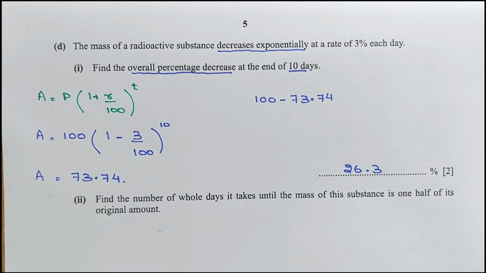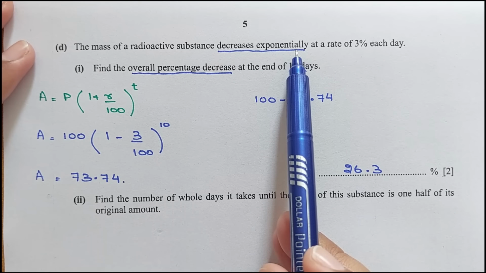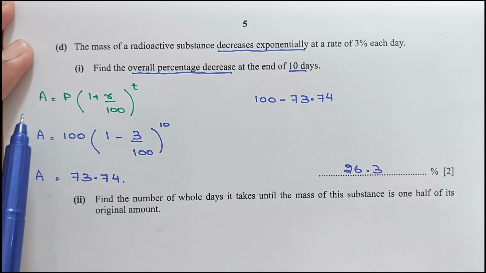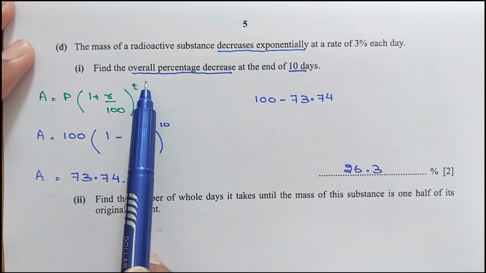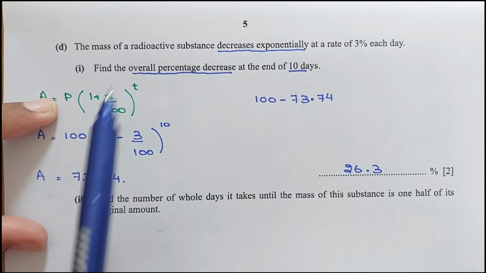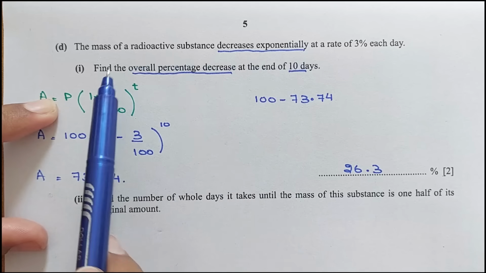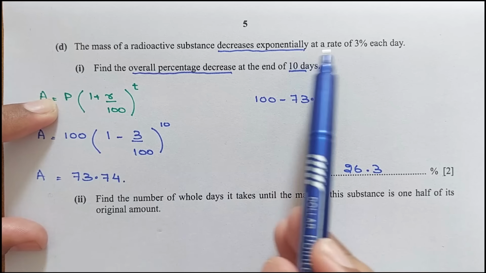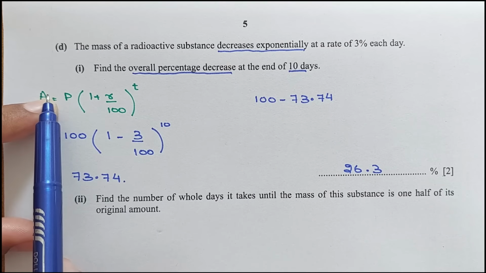Let me explain one more time. In this type of question, students mostly get confused. Whenever you have a question of exponentially, you have to use the formula for compound interest, because in the compound interest formula we have something to the power t in exponential form. So the amount we have to calculate. We are given that the mass of the radioactive substance decreases exponentially. For decrease I put the negative sign, and the rate is 3%, but we are not given the initial amount.